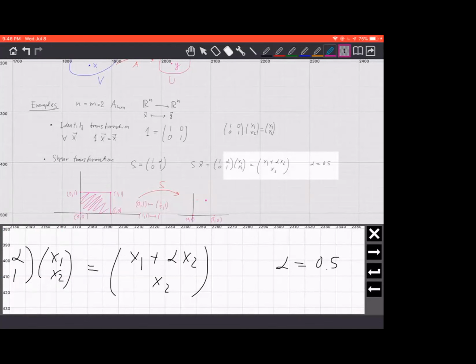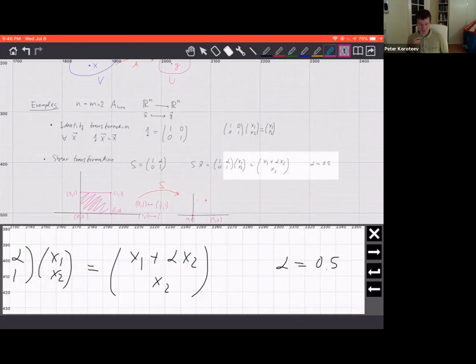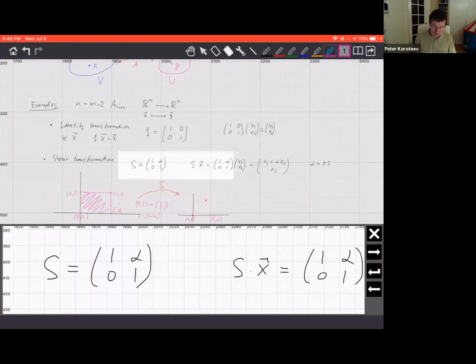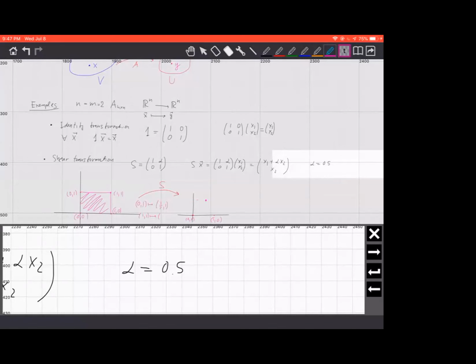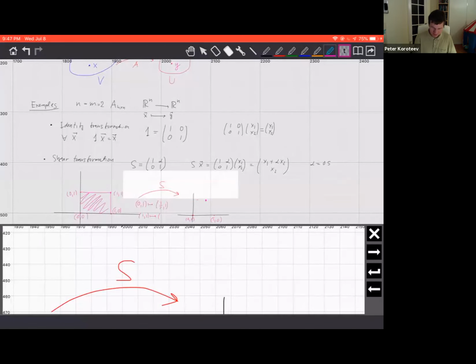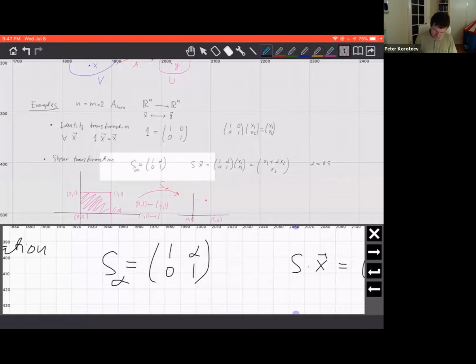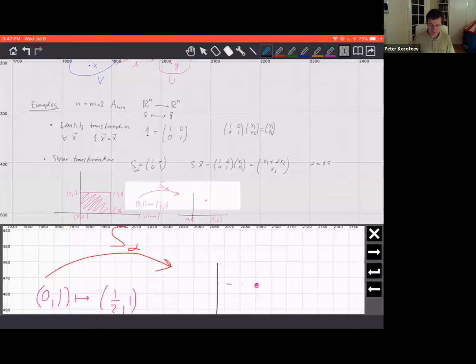Sorry, why is it 0.5? I just assigned it. Alpha is any number, and I just put it to be 0.5, so it will be easier to draw. In fact, this shear transformation depends on this parameter alpha. It's a family of transformations. After we draw what happens to the square, you'll see why it's called shear.